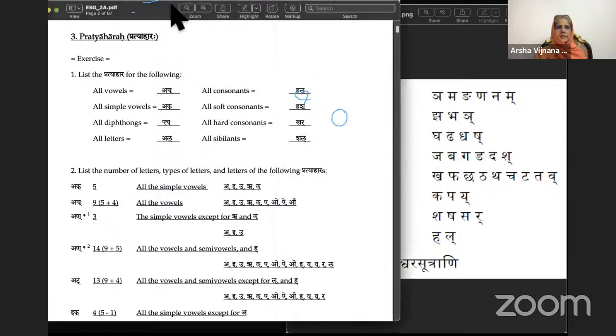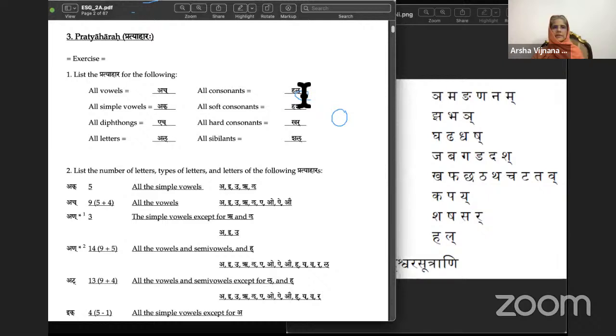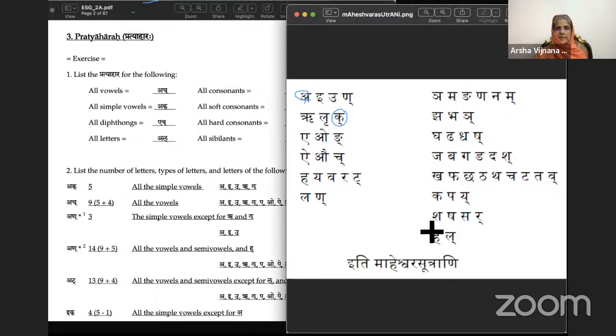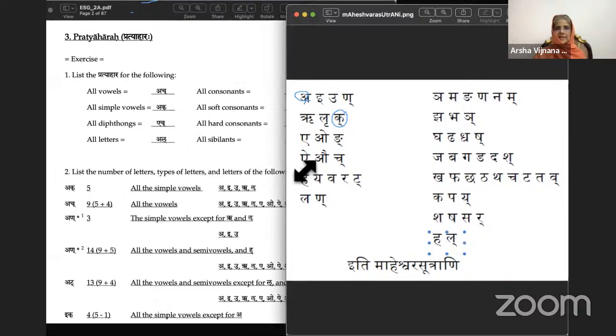Now all consonants, Hal. Okay, and it's not this hal here. Do you see that? Yes. It's from here that we take. Okay. Got it right.